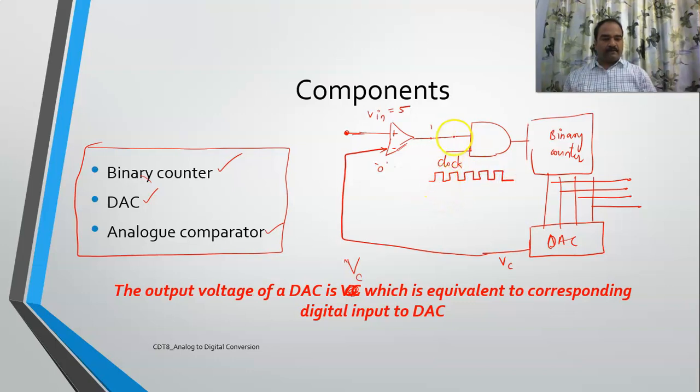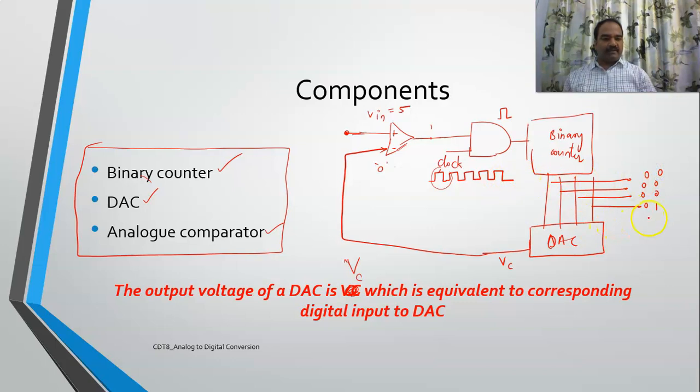For the first pulse, it will go into the binary counter. Initially it was 0, 0, 0, 0. Now since one pulse has come into the picture, this will become 1, 0, 0, 0.